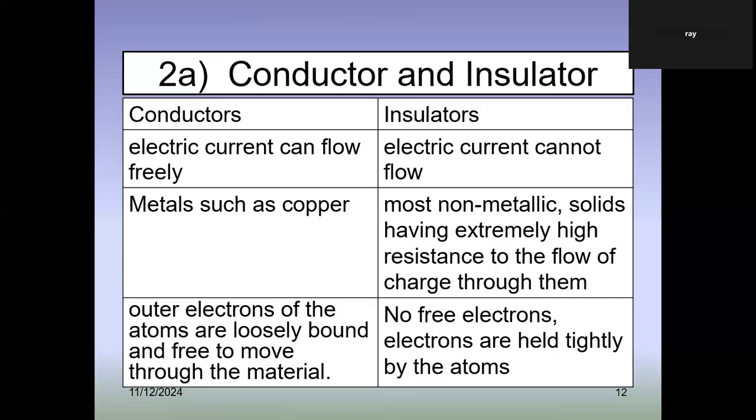So what's the difference between conductor and insulator? In a conductor, the outer electrons of the atoms are loosely bound and free to move through the material. Just apply an electric field, and the electrons are free to move. Whereas in an insulator, there are no free electrons; electrons are held tightly by the atoms or by the nucleus.